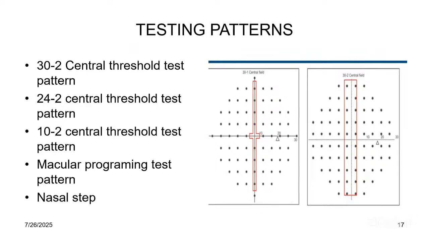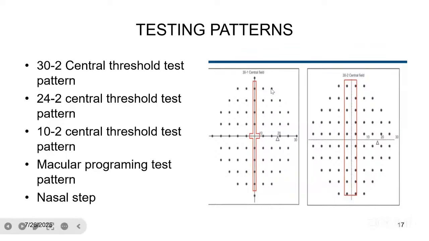And like I said, in a glaucoma visual field test, we mostly use the central visual field. Examples of testing patterns include 30-2, 24-2, 10-2, macular programming, and then the nasal step. When we say -2, there's a difference between -1 and -2.